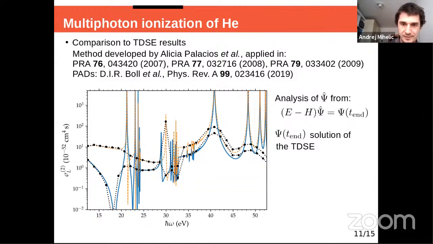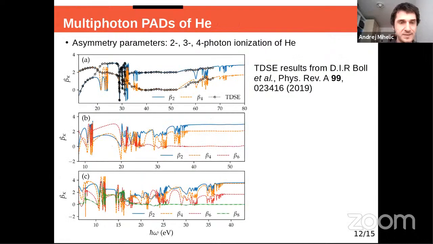And now I show you the last slide of the results. So we also calculated the asymmetry parameters for 2, 3, and 4 photon ionization of helium. So these asymmetry parameters or beta parameters are used to characterize the photoelectron angular distributions.